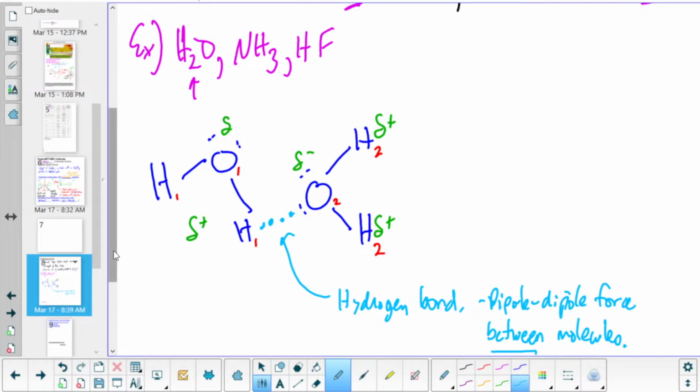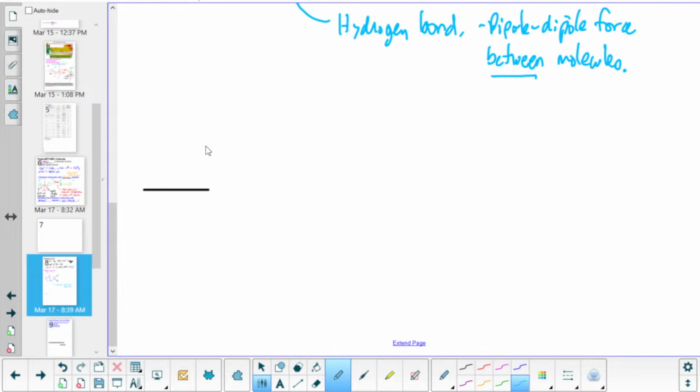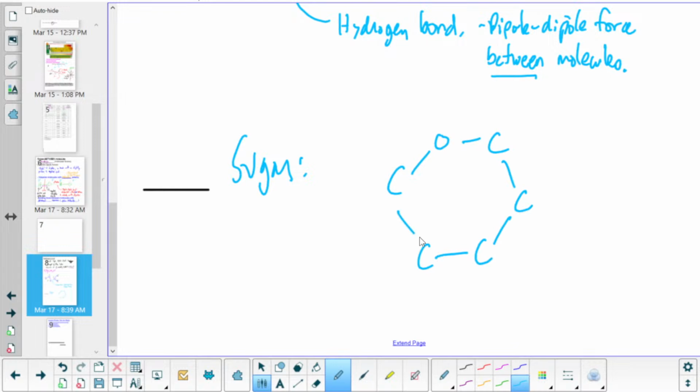We've done it through here. If we have a sugar molecule, sugar looks kind of like this. I think this one will have a CH2, CH3 or something, and then that will have an OH and an OH and an OH and an OH and an OH.